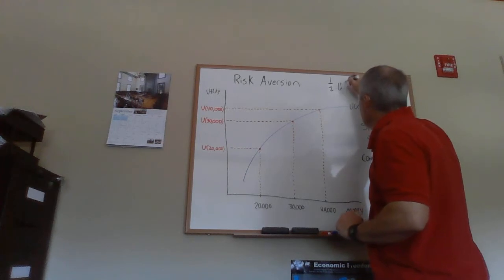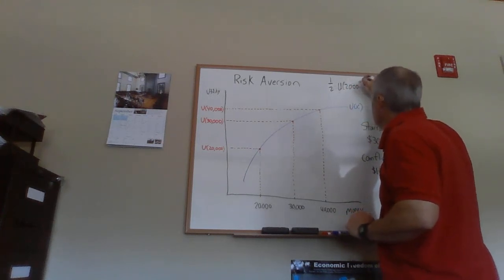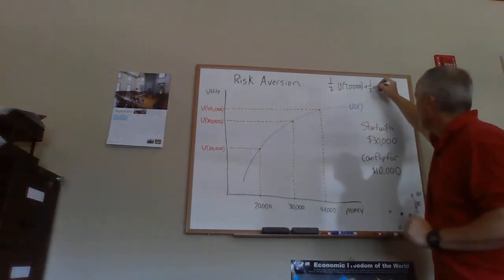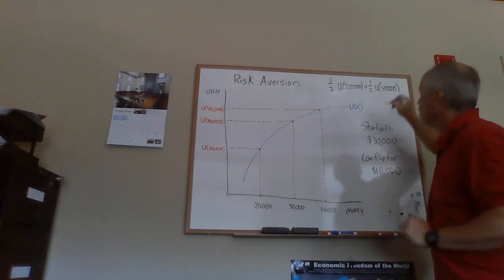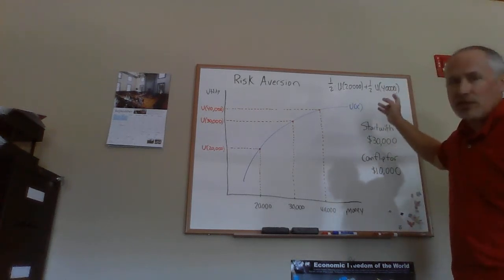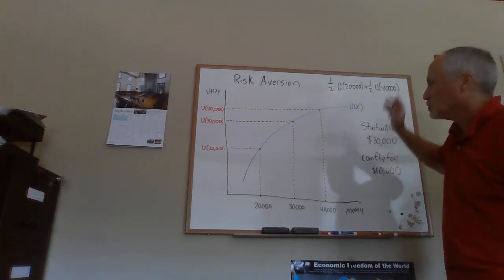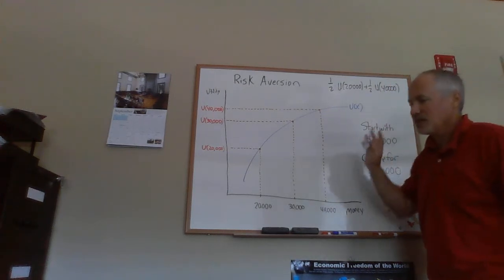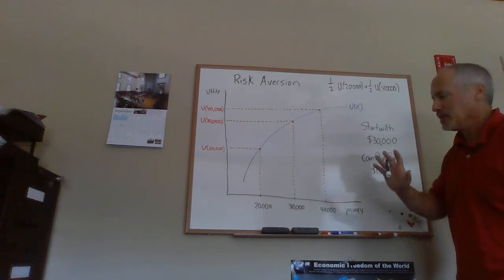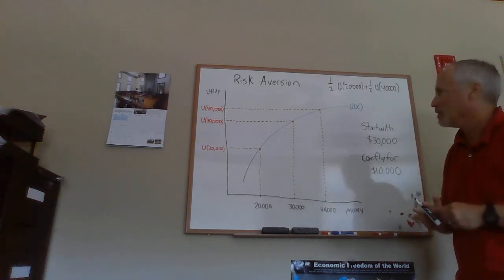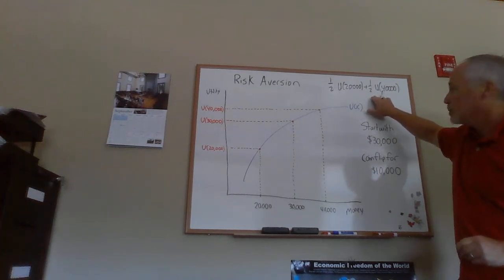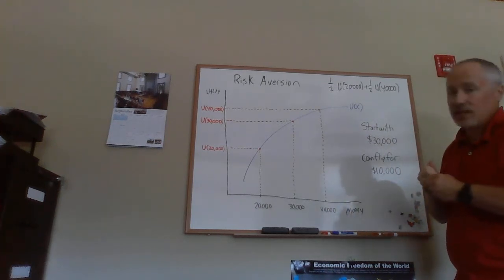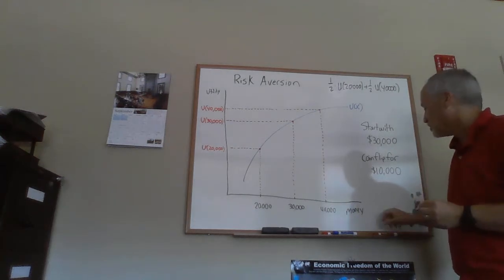The expected utility would be 1/2 times the utility you get from $20,000 plus 1/2 times the utility from $40,000. So that's the expected utility. We went over a bunch of examples of calculating something like that in the video showing expected value versus expected utility. Graphically, this is why it's nice to have the probabilities of 1/2 here.